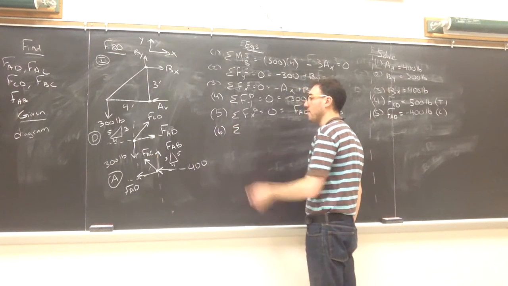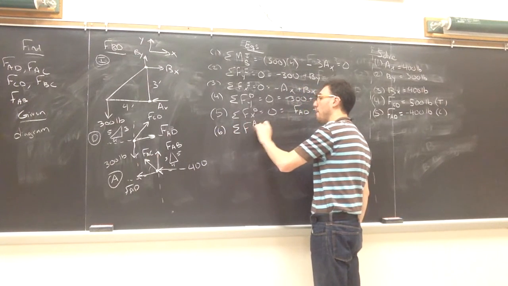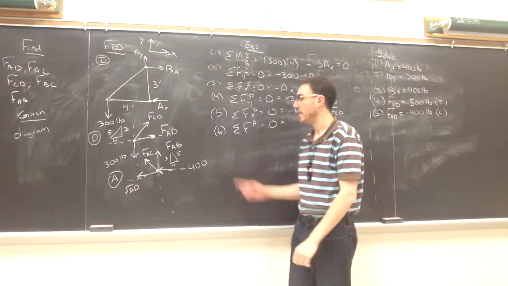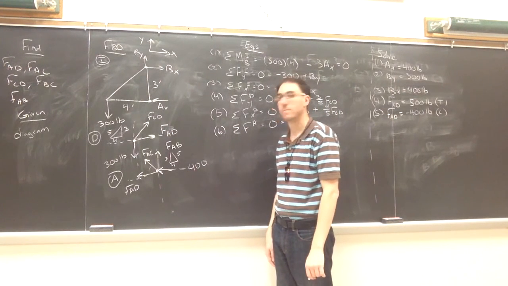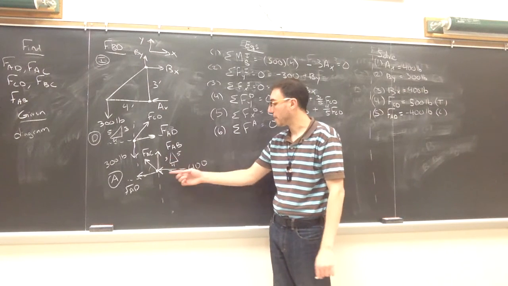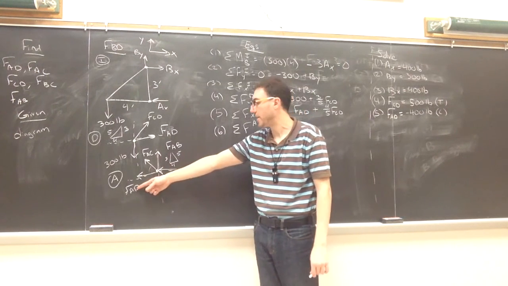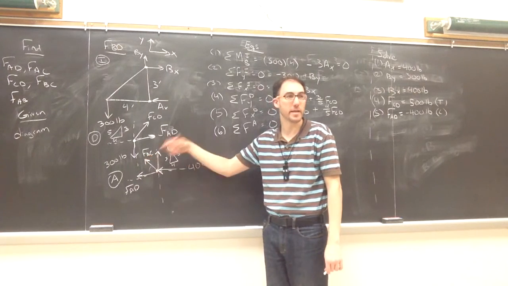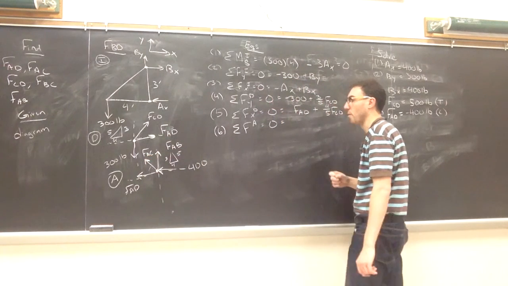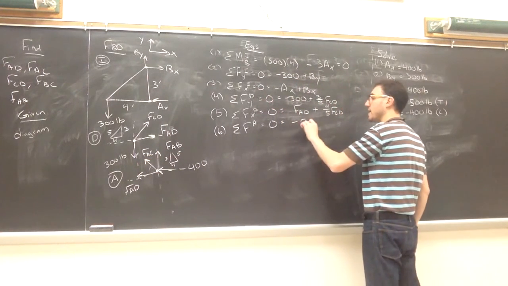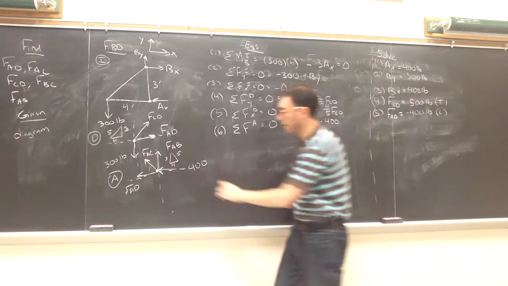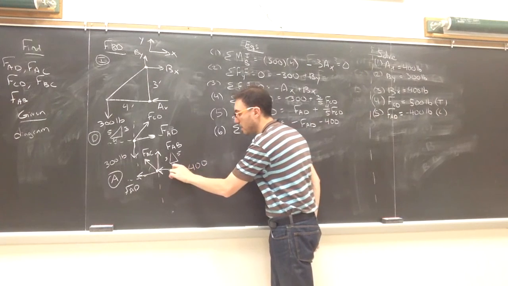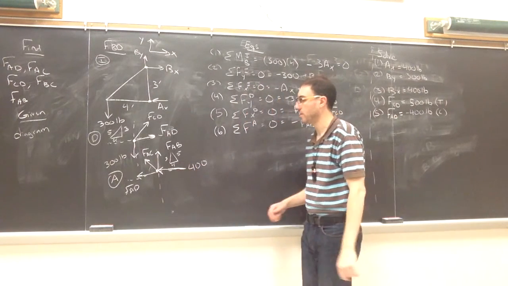Looking at picture A, based on what I already know, should I take forces in the X or the Y first? Right, the X, because I have 400 and FAD, which I know, and then part of FAC, so I'll be able to find FAC right away. I have minus FAD, minus 400. Oops, sorry, this is not meant to be, it's a positive 400.